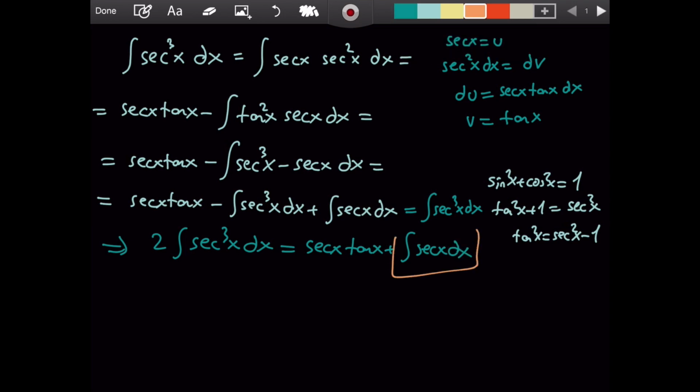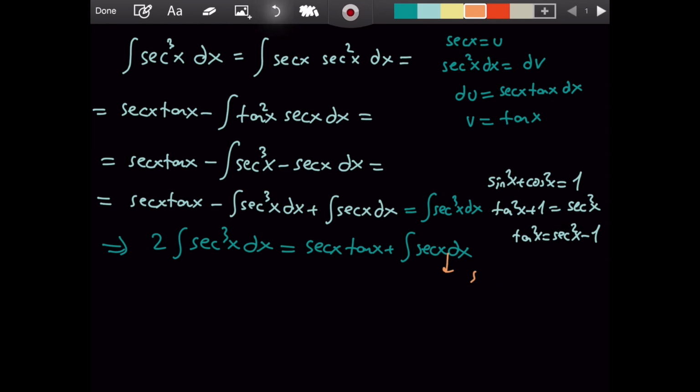And what is this? Well, you could check this, and I don't want to take up much time in this video, but what you do is you're going to multiply the inside by this term, by this. And when you do that, you will see that this leads to the result. And if this part is not clear, please say it in the comment section, and I can do a separate video where I find the integral of secant of x.